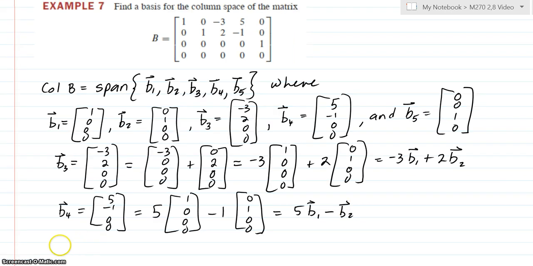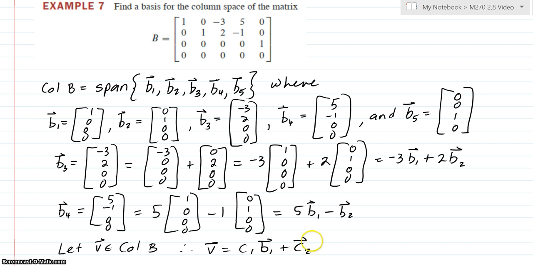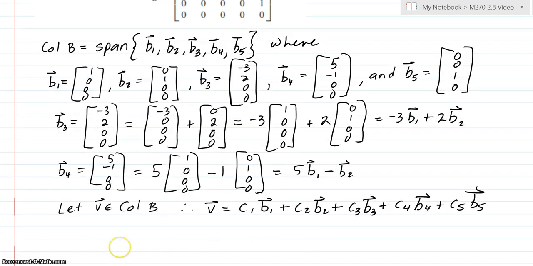Now I'm going to let V be in the column space of B. Therefore, V can be written as c1 B1, and so forth, all the way down to 5. Now I'm going to replace these in here. Those were extras that I did not need.